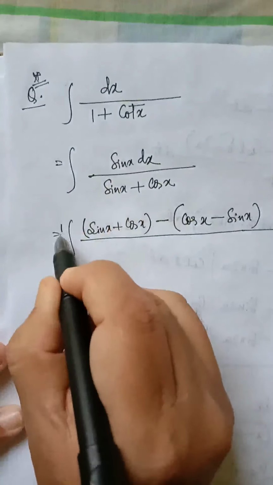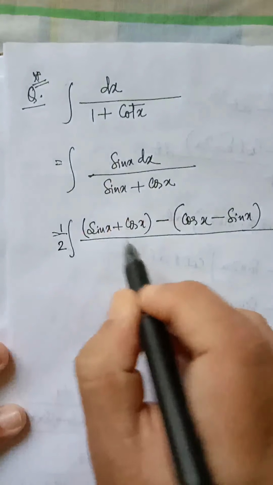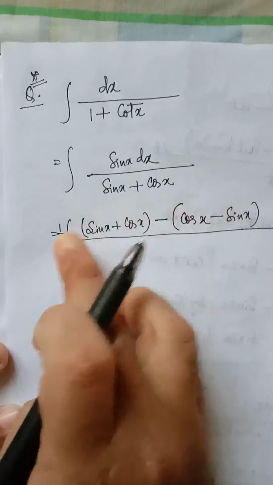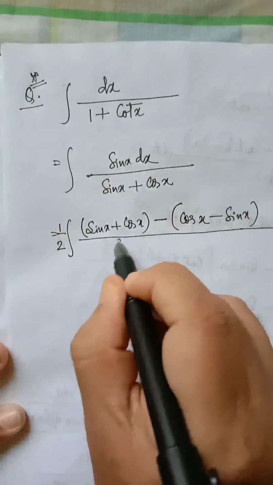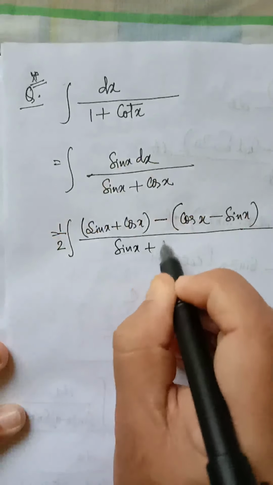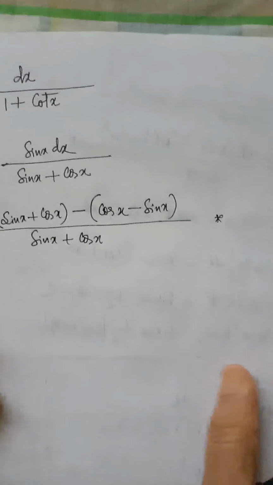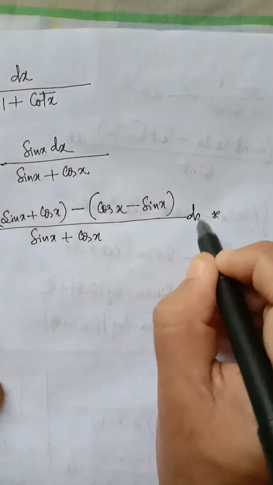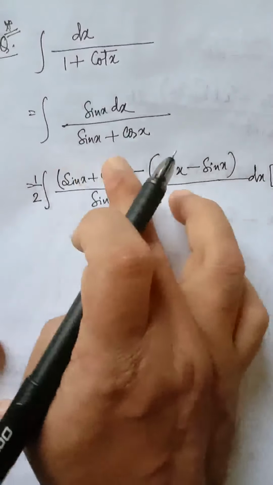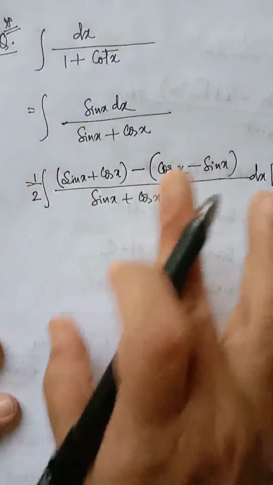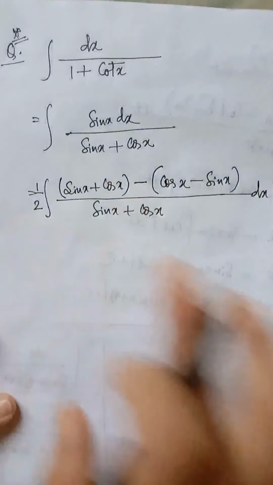To adjust we have to write half here. You see 2 sin x into half, the 2 will get cancelled, we will get sin x only, and our denominator is sin x plus cos x. Okay, so this is the most important step. First we have written the denominator, then its derivative, and we adjusted by writing the minus sign and half.